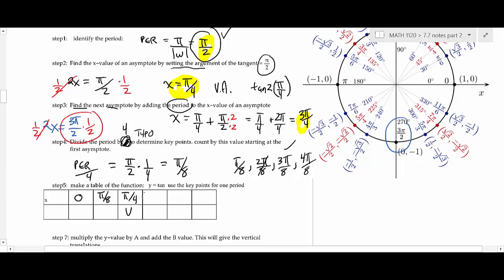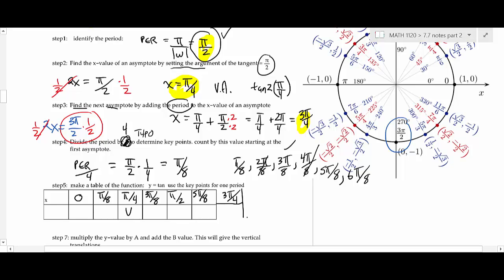Then I go to 3 pi over 8. Then 4 pi over 8 really reduces to pi over 2. If we kept going, what would come after that would be 5 pi over 8. Then if we go one more time, we'd have 6 pi over 8, but that really reduces to 3 pi over 4. So it's probably a good idea to take the table out one more step like that.